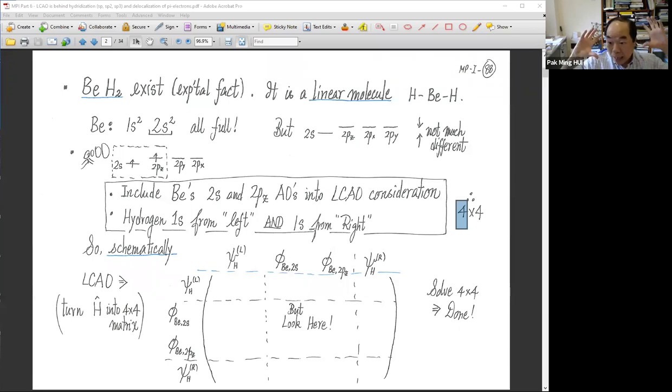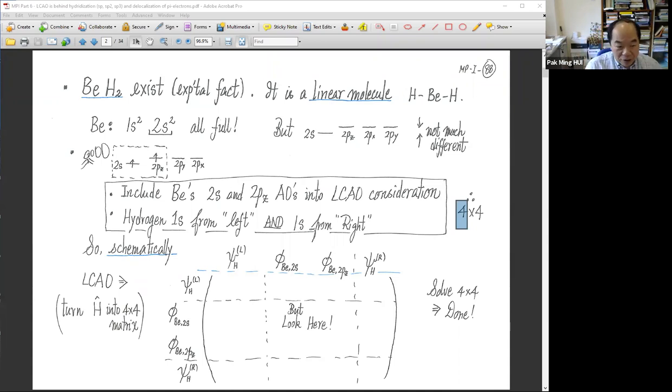Okay? Now, your mind should start cranking. You have a linear combination as a trial wave function. What do you get? You will get a 4 by 4 matrix, right? Then you will get 4 MOs, 4 energies out.